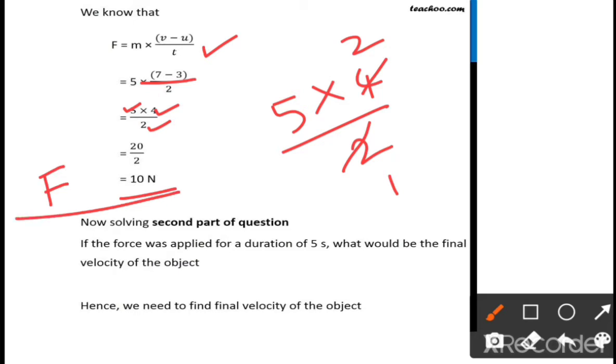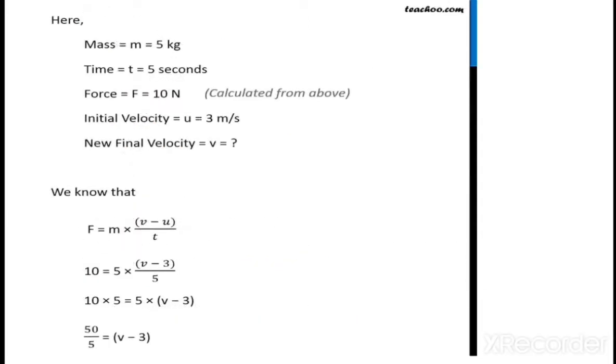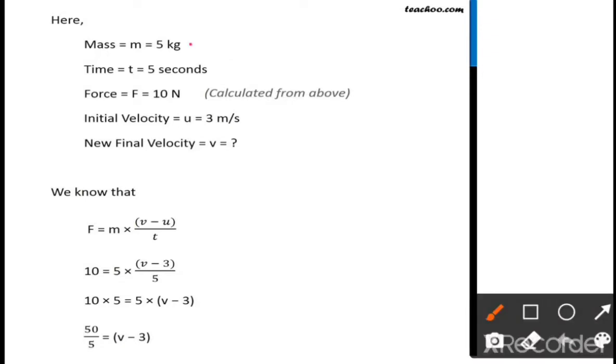In the second part, if the force was applied for a duration of 5 seconds, what would be the final velocity of the object? So here we need to find the final velocity of the object. So the same mass m equal to 5 kg, but the time is 5 seconds.